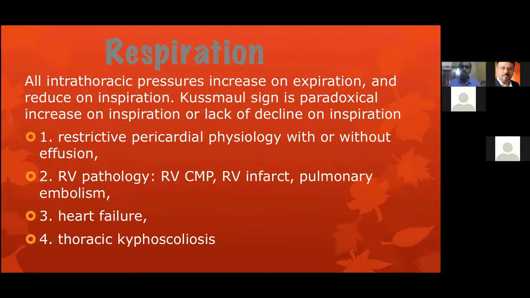Number two, an increase in the superior and inferior vena cava entry of blood into the right atrium has pushed blood into the right ventricle, and right ventricular ejection has improved.